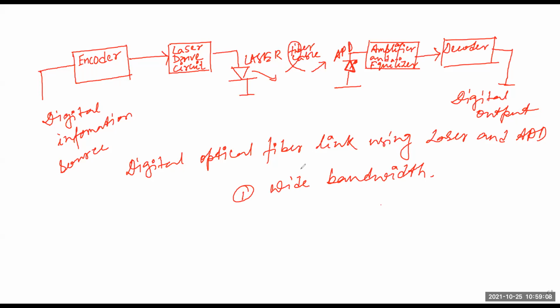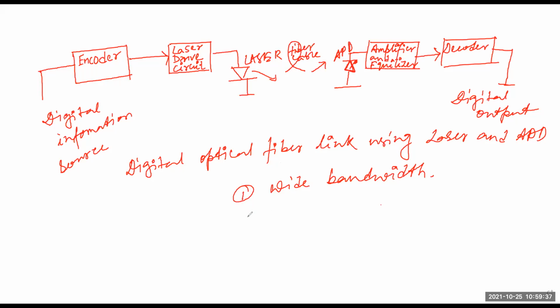Normally the light wave occupies the frequency range between 2 into 10 to the power 12 hertz and 3.7 into 10 to the power 12 hertz. So the information carrying capability of optical fiber cables is much higher.